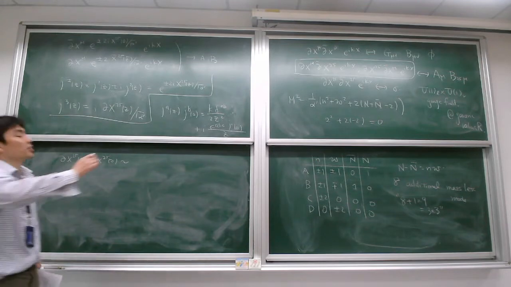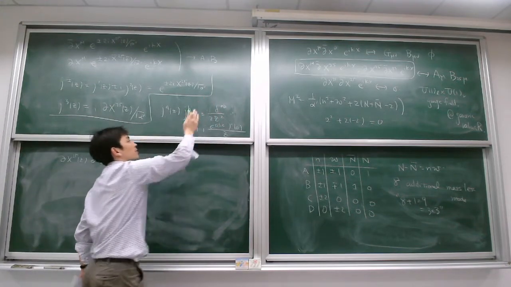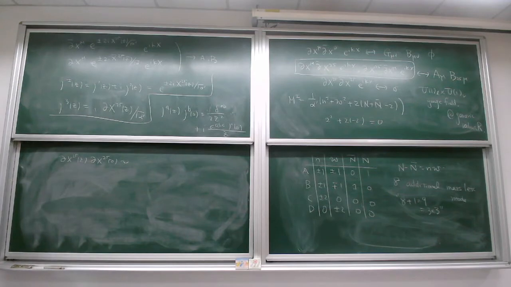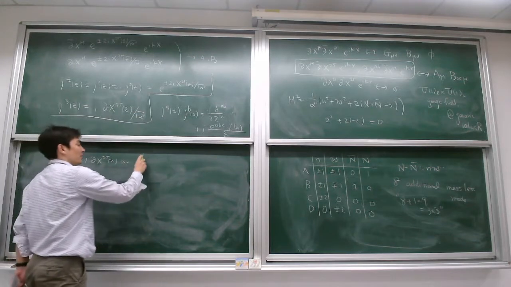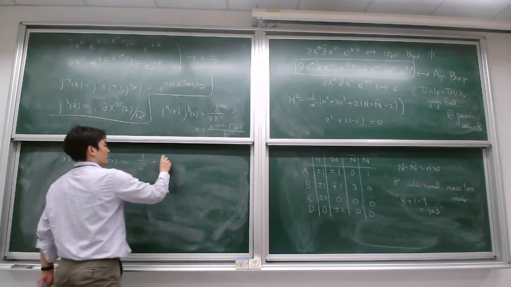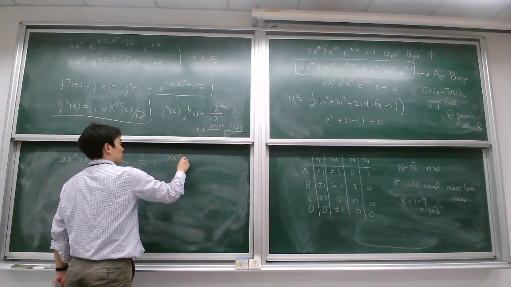Sorry, I think this is K equal to 1. What kind of OP do you get? Do you remember? Or can you compute it now? Didn't you remember? 1 over z squared plus, I think, this one.